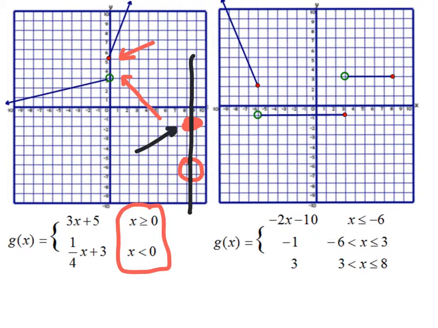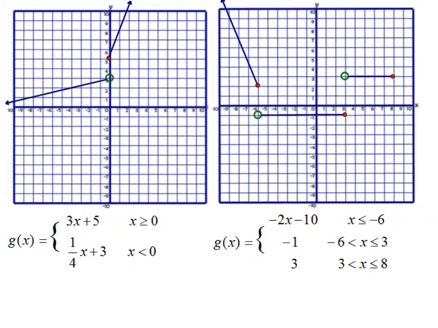This point it does hit. This one it does not hit because it's an open point. What the open point means is that it is starting there but is not there. So what I mean by that again is that that point is there, but this point says it's everything that is smaller than that, heading in that other direction.